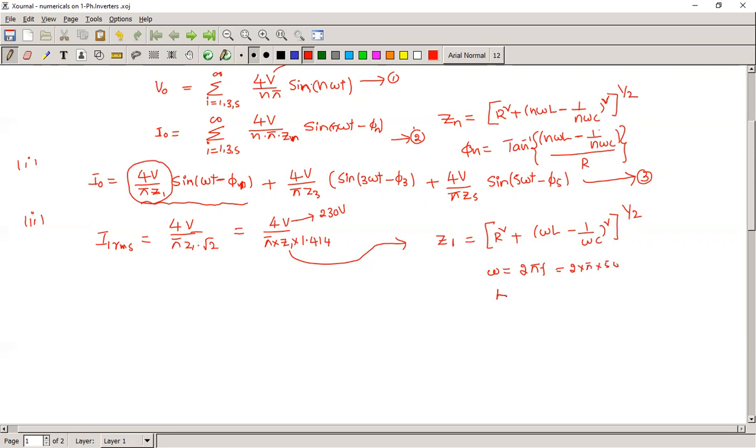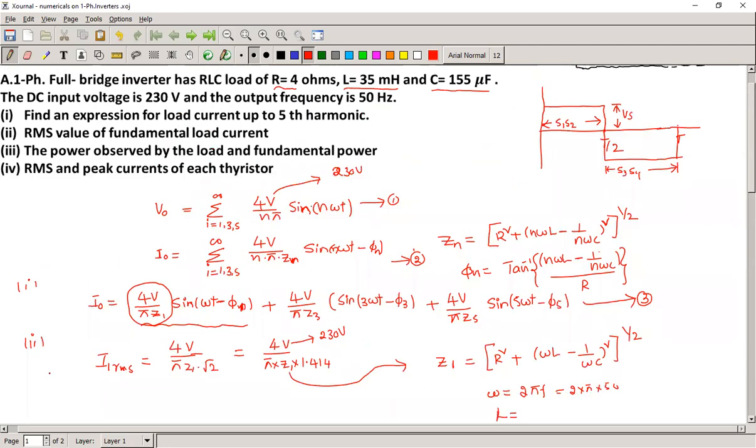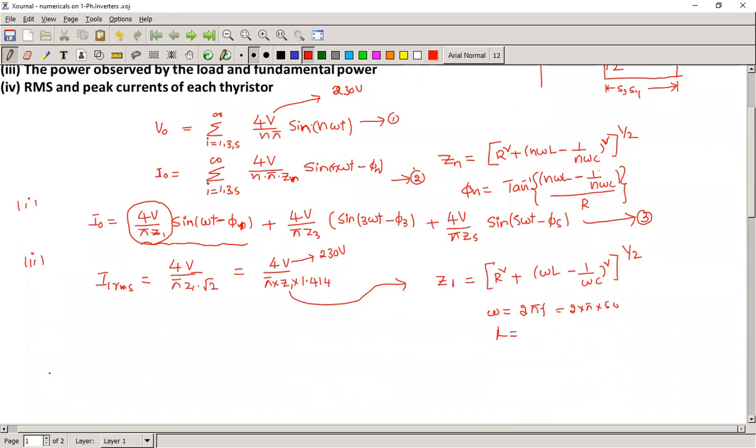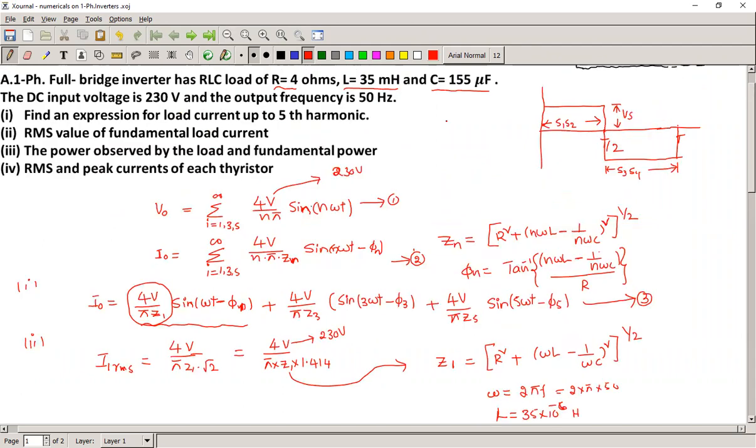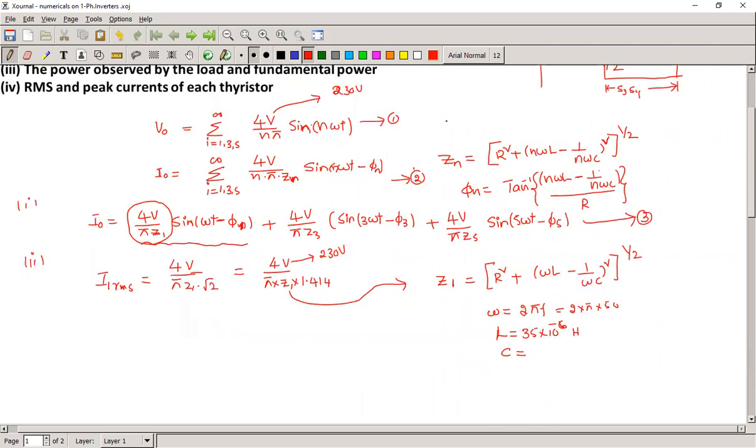L value is given in the problem as 35 millihenries, so L equal to 35 into 10 to the minus 3 henries. Now C value is also given in the problem, 155 microfarads.